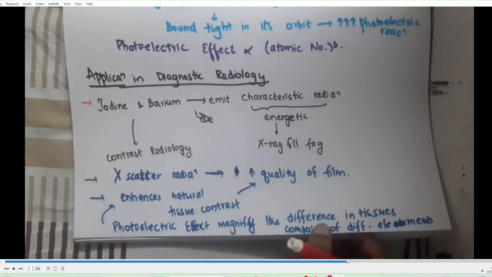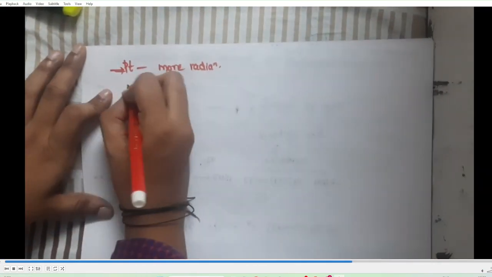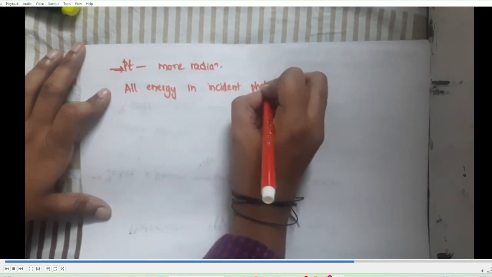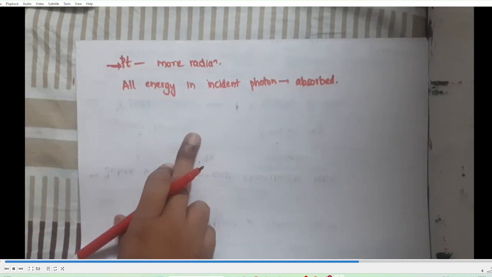But if you see the photoelectric effect from the patient exposure point of view, it is undesirable because the patient receives more radiation from the photoelectric effect than from any other reaction. All the energy of the incident photon is absorbed by the patient in the photoelectric reaction.